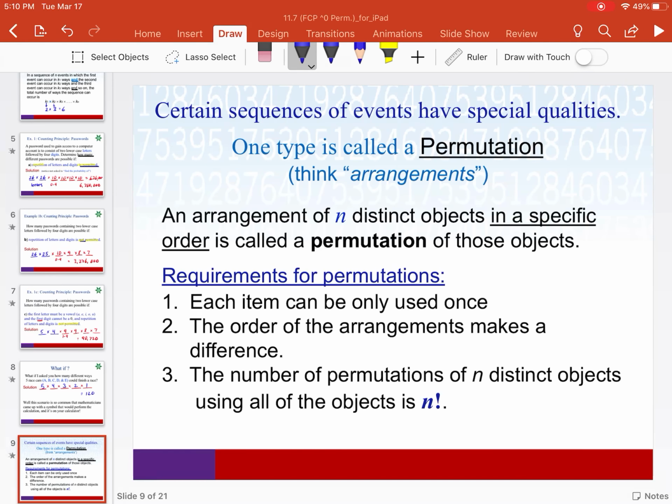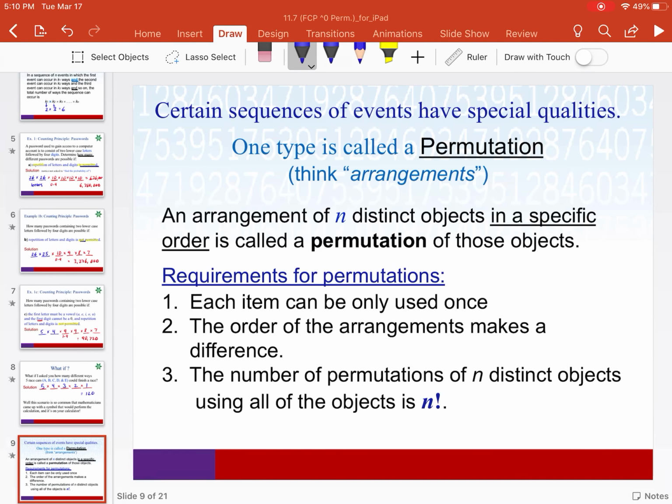PRB means probability. You might have to use a second feature, but you're looking for a PRB menu. For the TI people, it's math, and then see the PRB right there, and look at number 4.